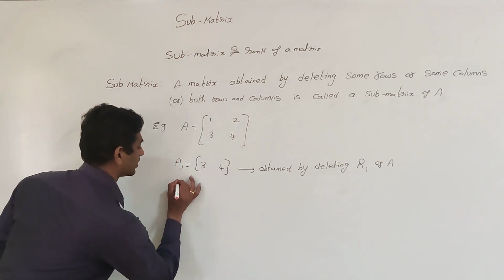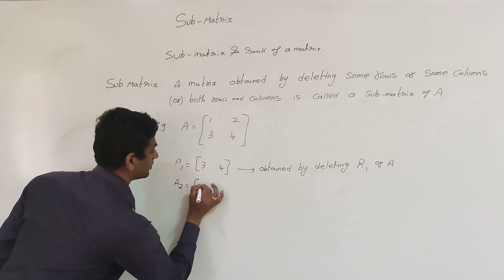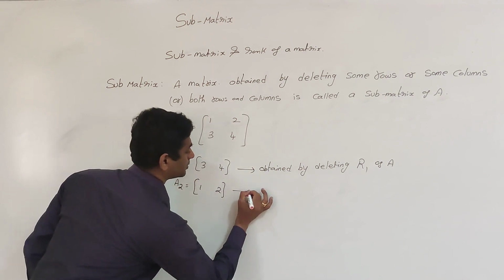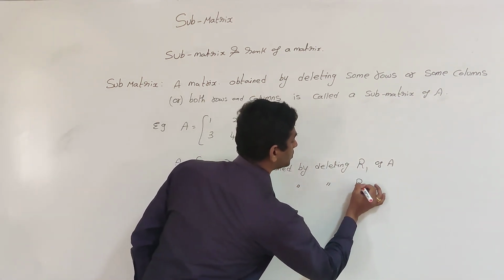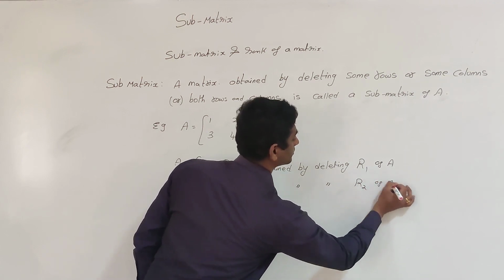A2, 1, 2, is obtained by deleting R2 of A.